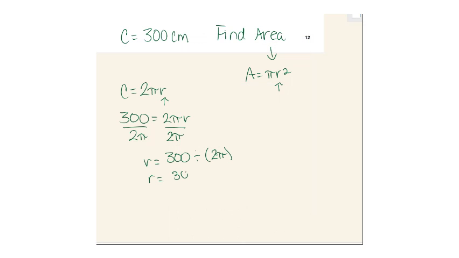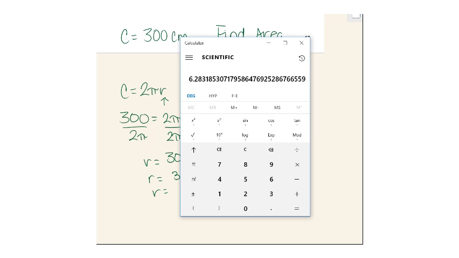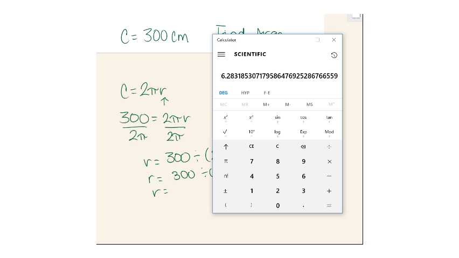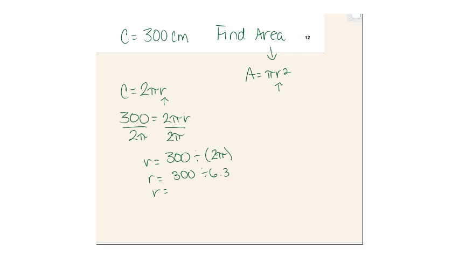So I'm actually doing 300 divided by 6.3, which will be a little bit less exact than if I had the calculator we use in class, our handheld one. So 300 divided by 6.3 is 47.6 centimeters, since this is radius. And I believe if you have your calculator, you end up with 47.7.